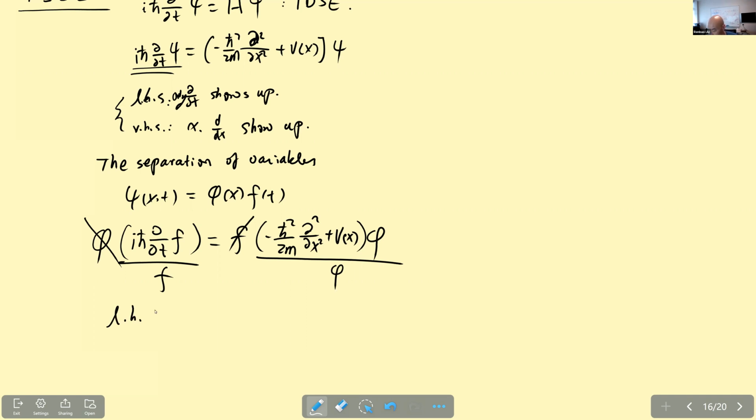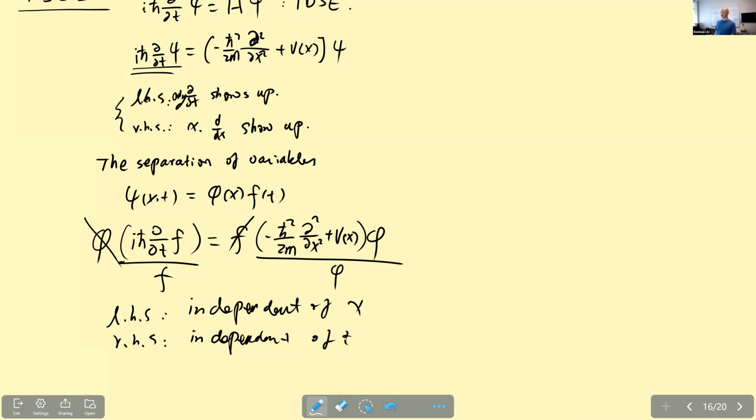The left hand side is independent of x, and the right hand side is independent of t, but the two must be equal. So both must be independent of x and of t, which means they must be constant.